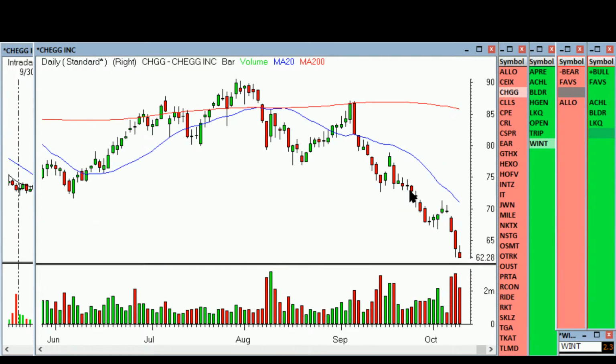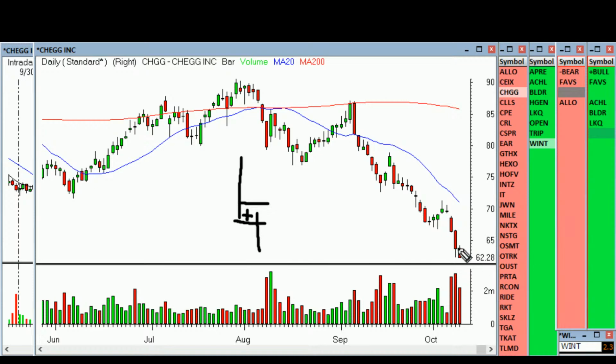Let's see if we can find something better. Now when I have a 1 2 3 on the daily chart, 1 2 3 means you have the igniting bar, the narrow range bar, and then if we break down tomorrow, that would be the third bar, the 1 2 3. So short, stop.